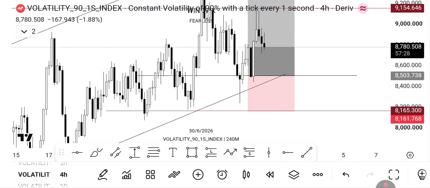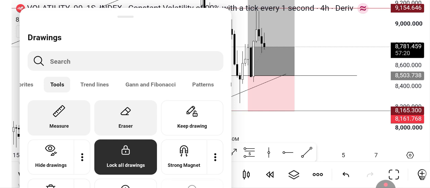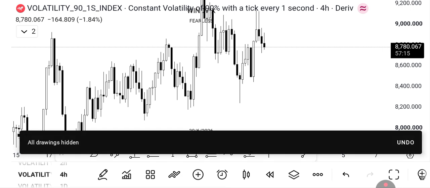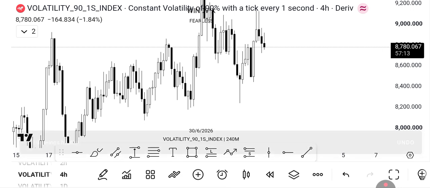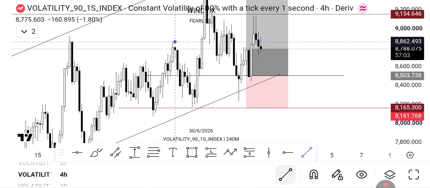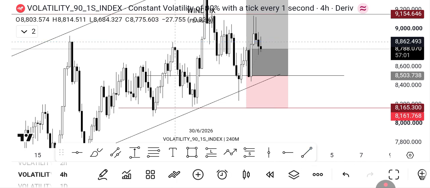So let me just delete everything here so that you would, okay, let me just hide. Okay, so now what happens here? We have a break of structure, obviously. Why is this thing coming back?